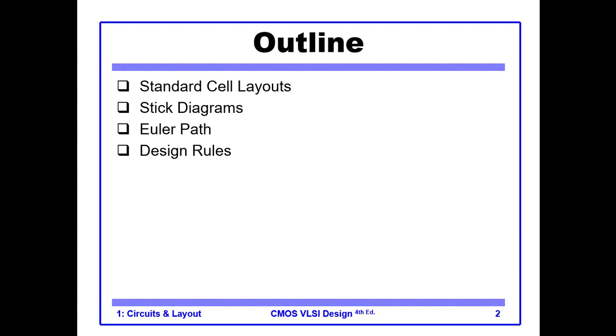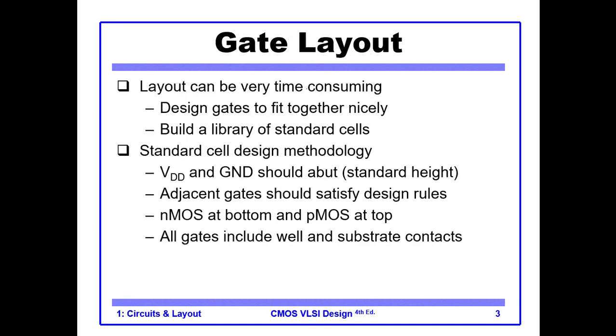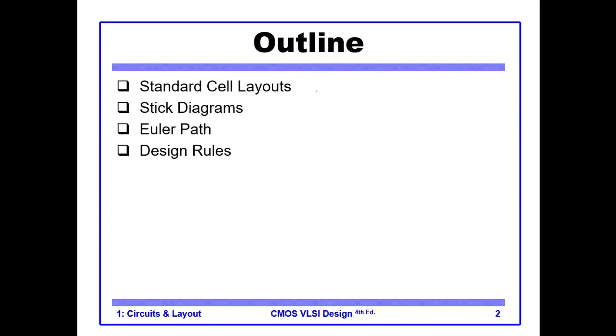So this is the outline of this presentation. We will first discuss the standard cells layout. As I told you, standard cells are a library of gates, used by fabs.